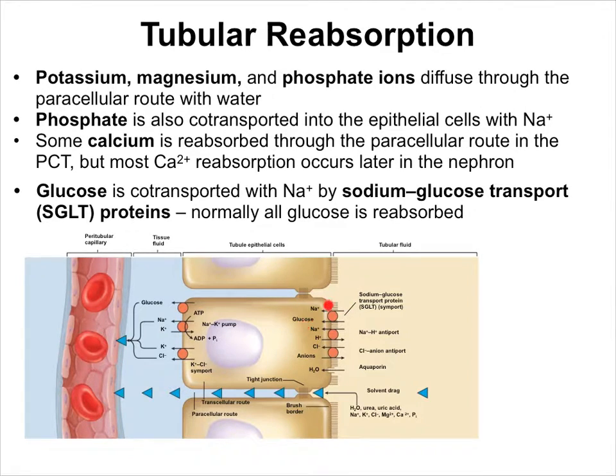Glucose is also co-transported with sodium by the sodium-glucose transport mechanism. The sodium that's being reabsorbed is actually not just the sodium that was in the filtrate, because you have a sodium-potassium ATPase pump that's constantly pumping sodium out and potassium in. Potassium channels are leaky. If you recall, remember when we talked about muscles and most particularly nerves?